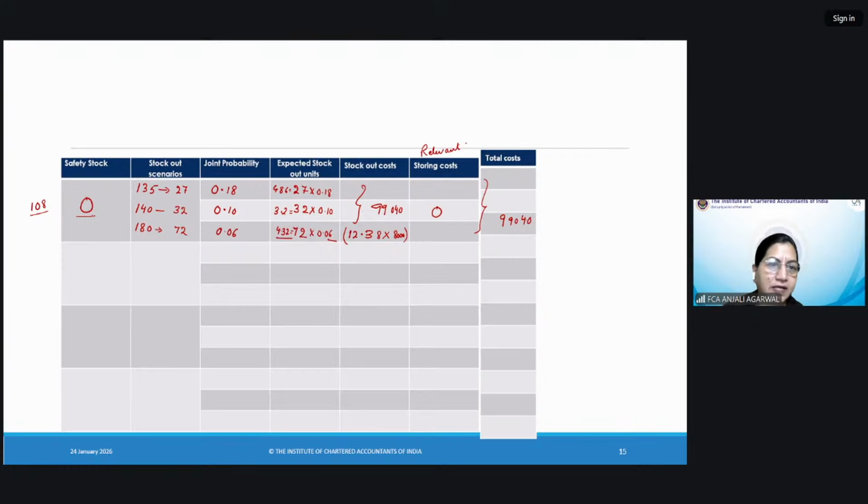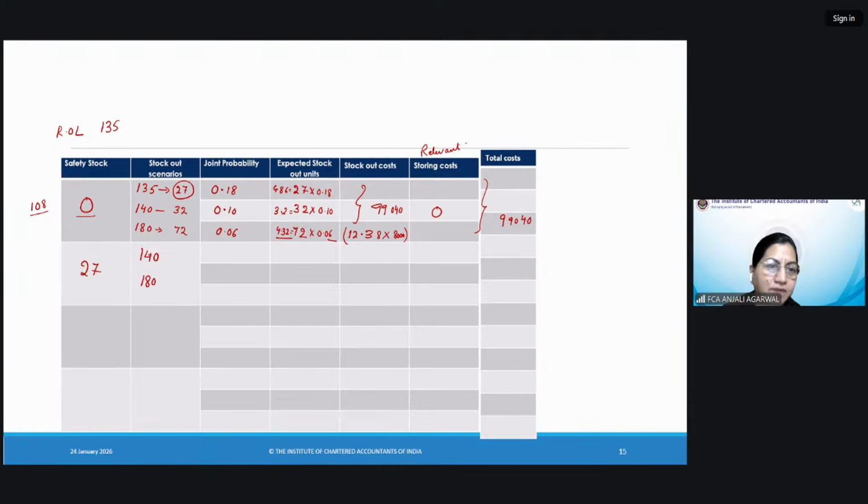Let's now look at the second scenario when we decide let's be prepared for 135 units. Let us not allow this to happen. So let's keep reorder level at 135, which means we keep a safety stock of 27 units. In that scenario, there will be only two situations when you will be stock out.